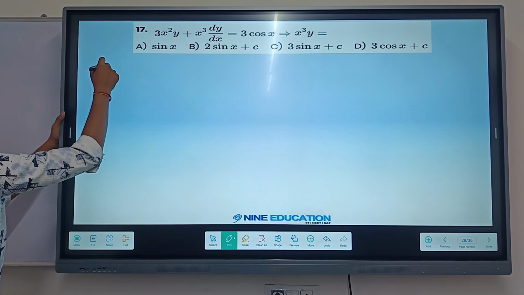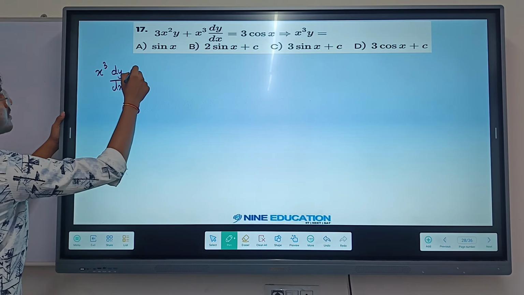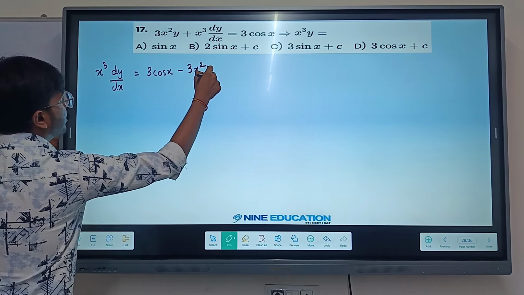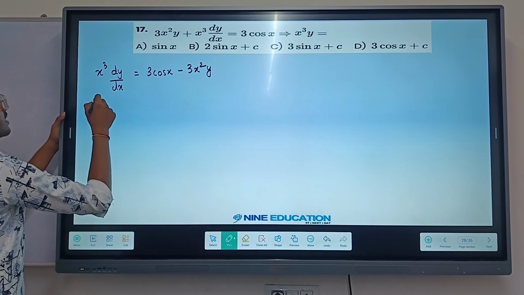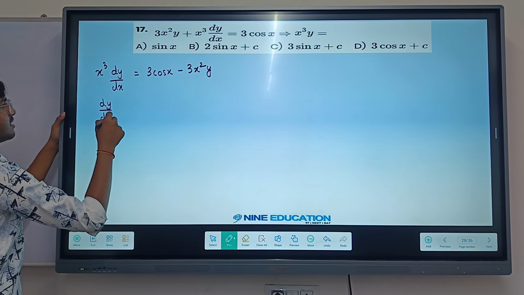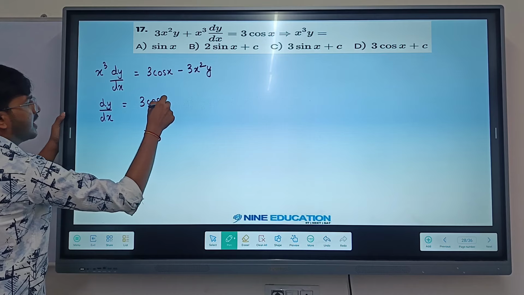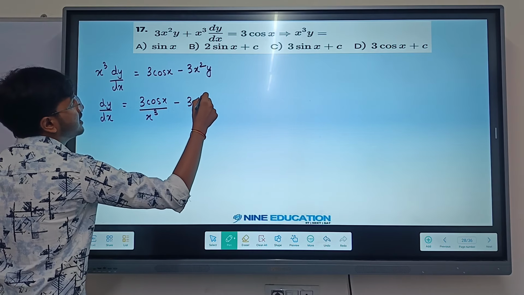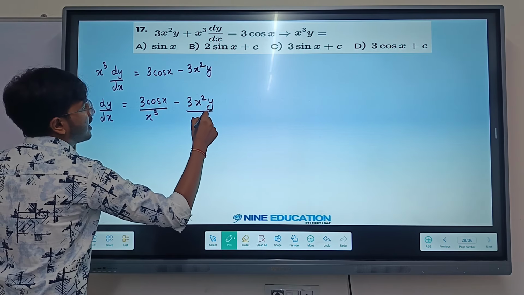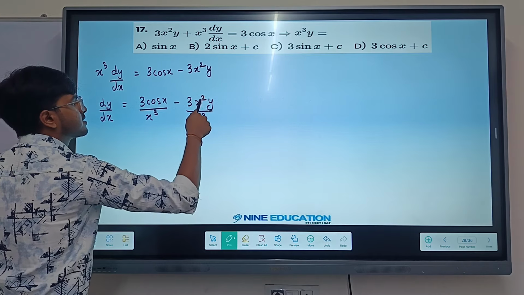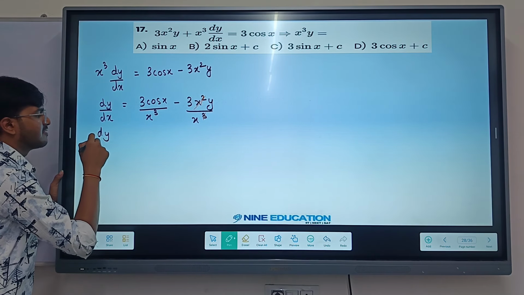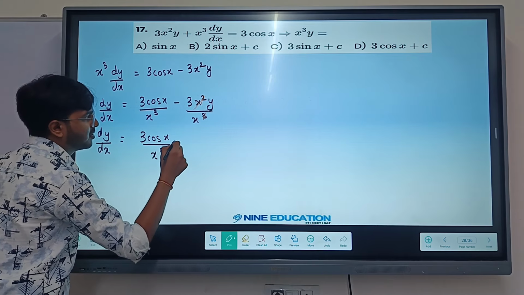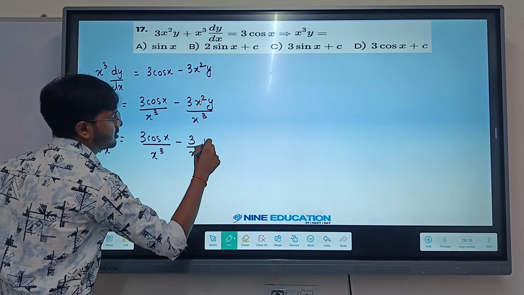So I can write it as x cube dy by dx equal to 3 cos x minus 3x square y, or let's take this more simplified version. dy by dx equal to 3 cos x divided by x cube minus 3x square y divided by x cube. x square cancels, cube cancels. So dy by dx is equal to 3 cos x divided by x cube minus 3 by x into y.